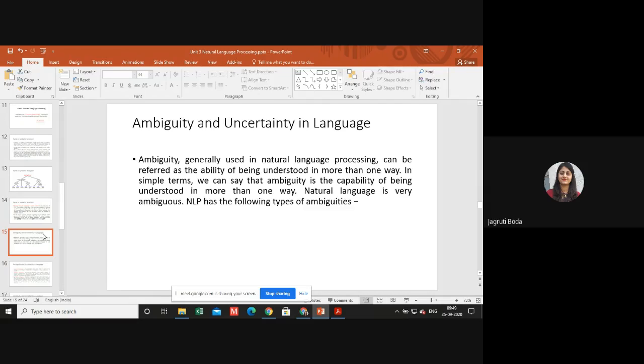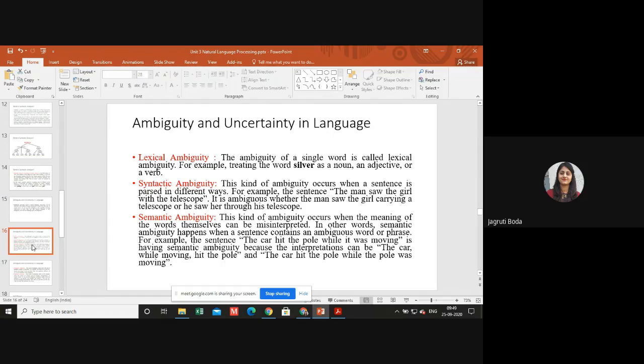This is ambiguity and uncertainty in a language. In simple terms, we can say that ambiguity is the capability of being understood in more than one way. Natural language is very ambiguous, so NLP has the following types of ambiguity. One by one we will see the different ambiguities in a sentence.